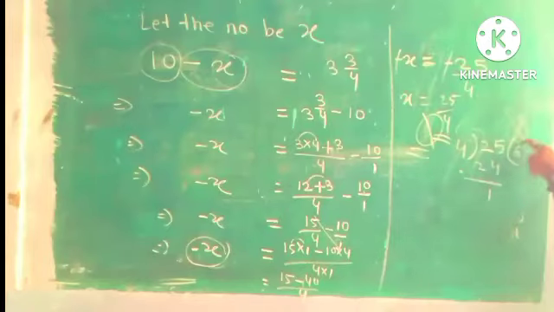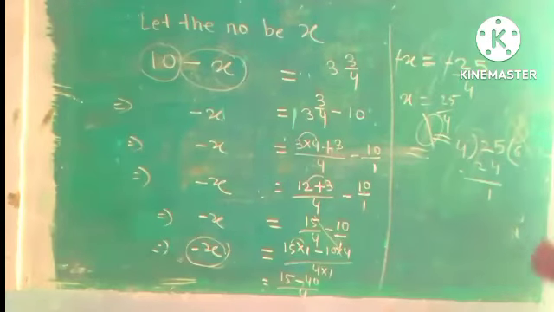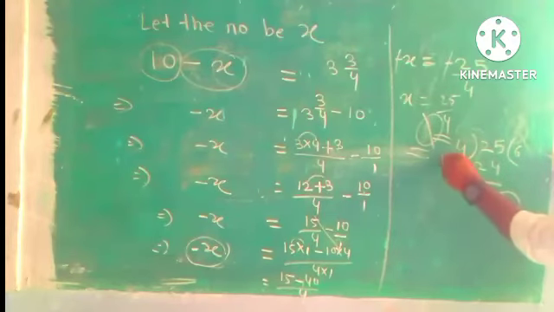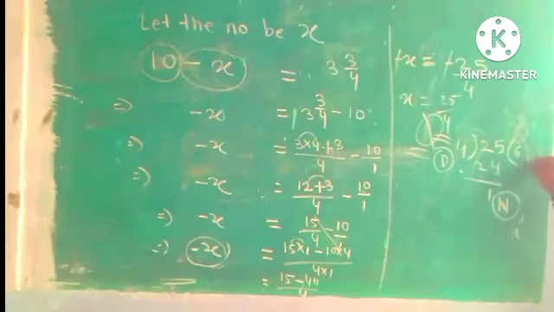Now just tell me, which one is the numerator? 1 is the numerator. Which one is the denominator? This one is the denominator. And which one is the whole number? 6. 6 is the whole number.